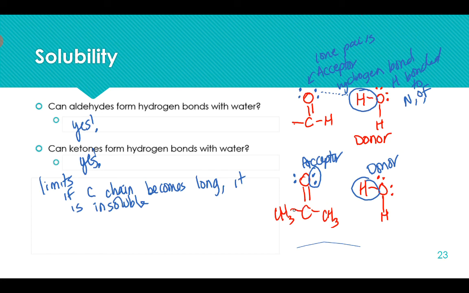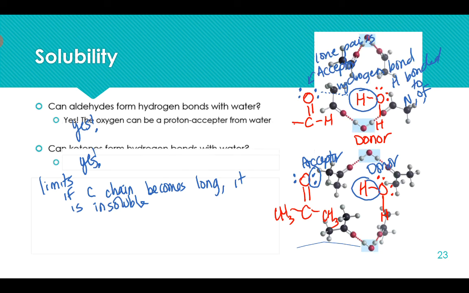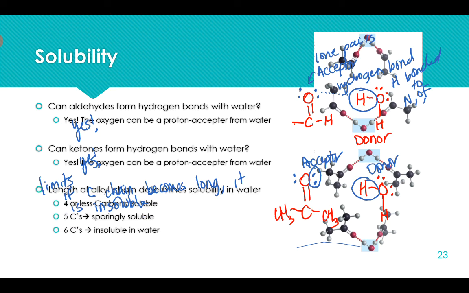If your carbon chain becomes too long, then that nonpolar dispersion-only part of your molecule becomes too big for the water molecule to interact with it effectively. In your book, they talk about 4 carbons or less being soluble, and then it starts to decrease as the number of carbons increases in your molecule.